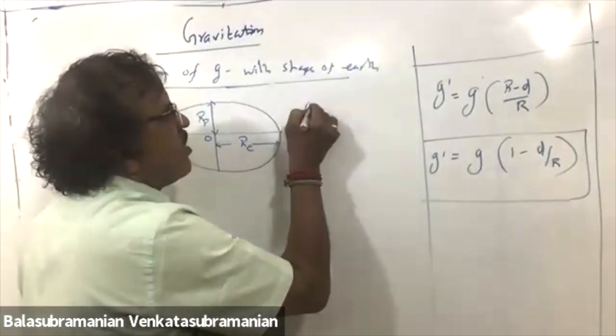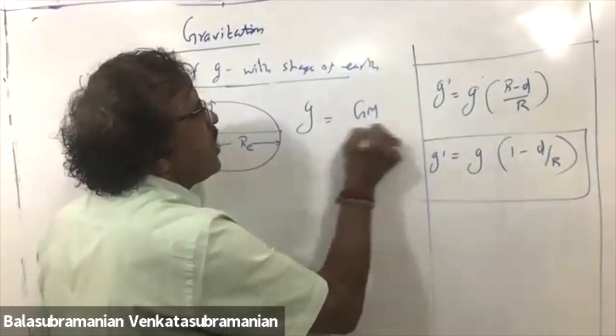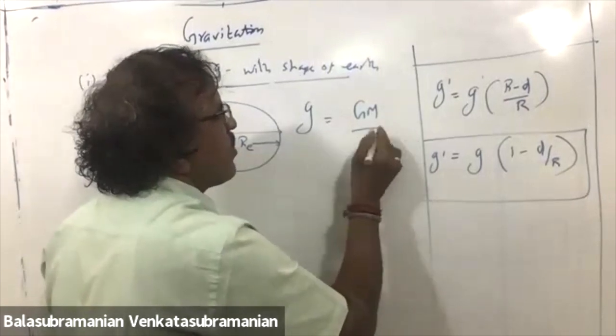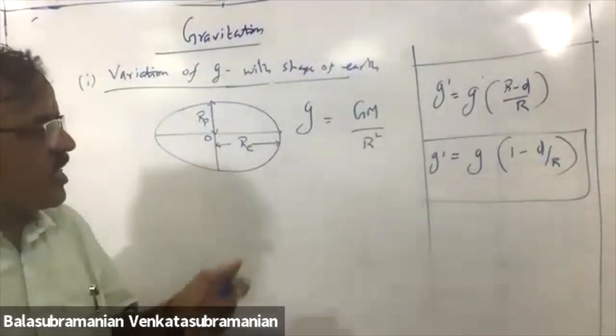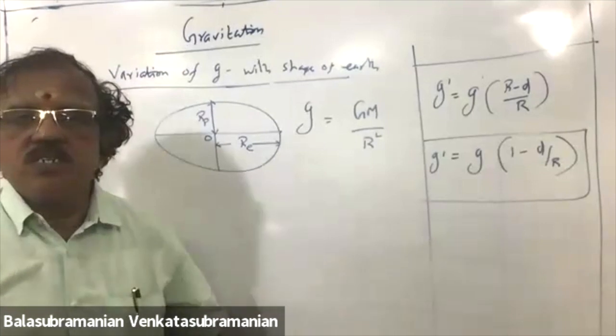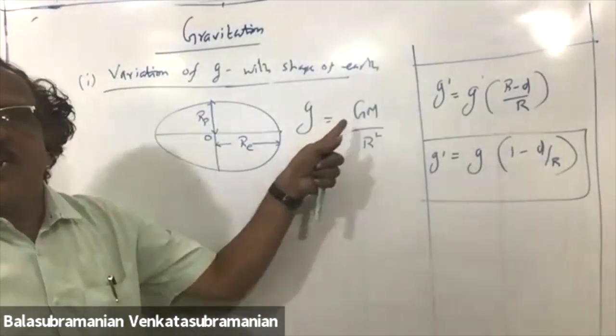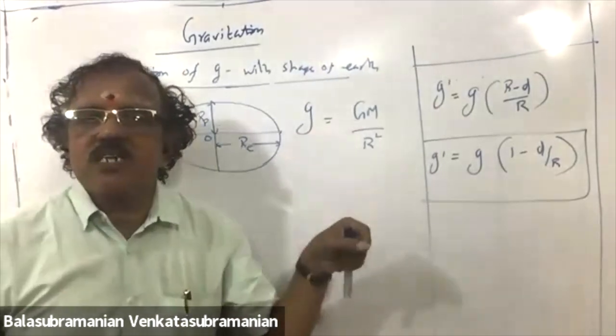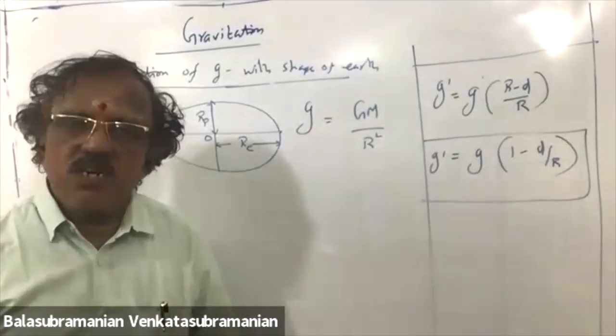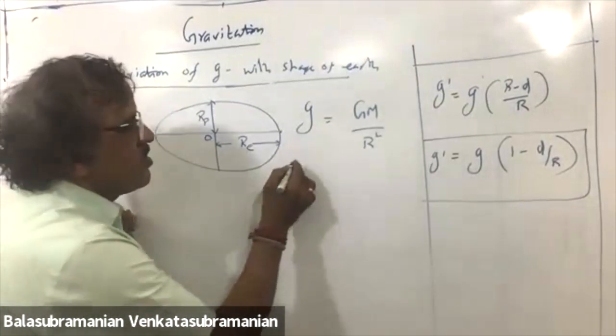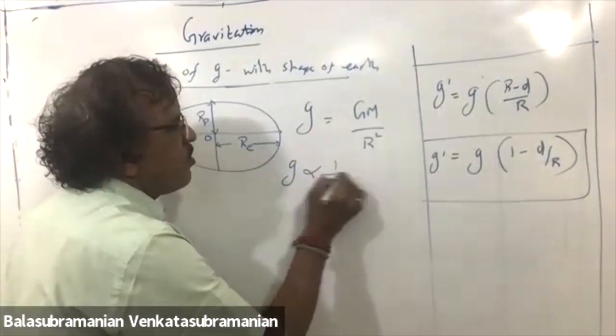What is the formula? g is equal to GM by R square, the basic relation connecting capital G and small g. Mass of the earth is constant, gravitation constant capital G is a constant. So I can write g proportional to 1 by R square.